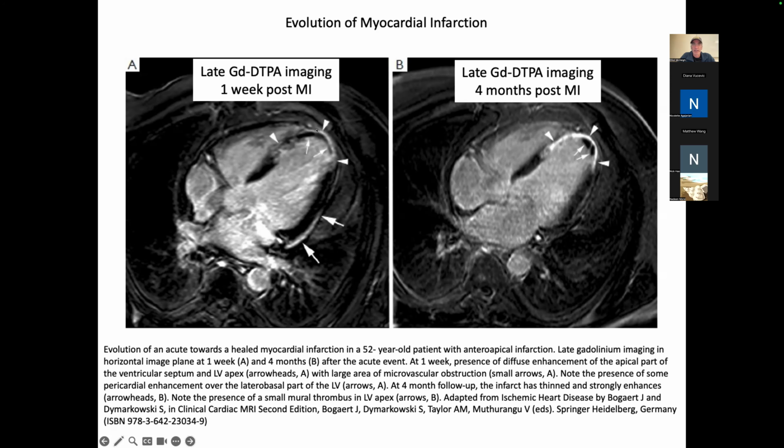One is bright signal right along the apex, all the way around here and up the septum on the epicardial layer. So this is the epicardium, or the outside layer of the heart away from the chamber. There's a very dark signal in the interior of that, and that's either normal myocardium or, if it's even darker, it could be an area in which there is essentially blood clots on a very microscopic scale.